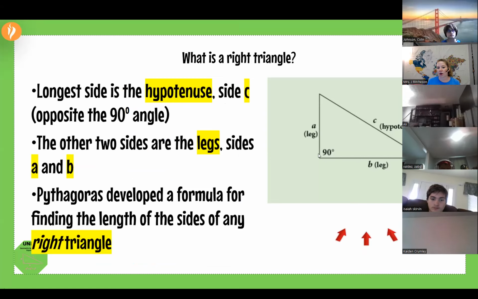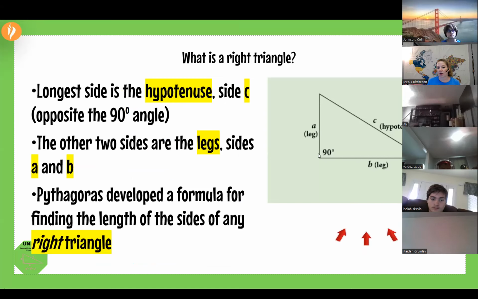All right, so here is our first example. So we have a right triangle. First of all, we have to identify that right angle so we can figure out what the 2 legs are. So the 2 legs are 3 and 4, right? The longest side is the hypotenuse. So the Pythagorean theorem says if we square the 2 legs and add them together, we will get exactly the longest side squared.